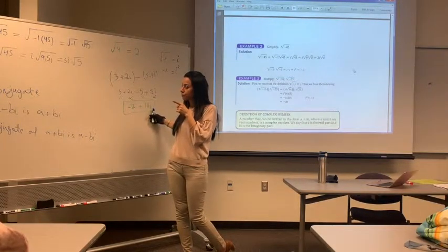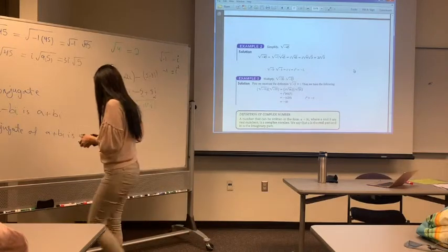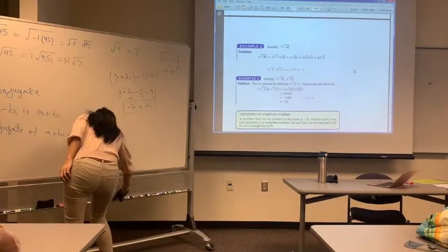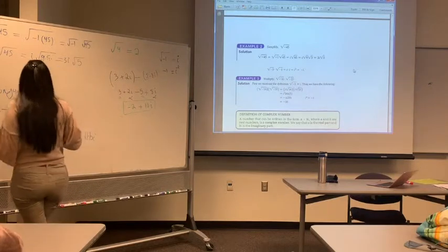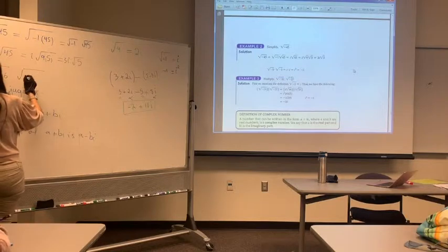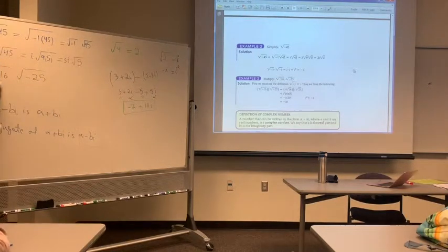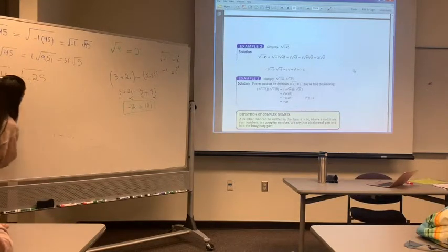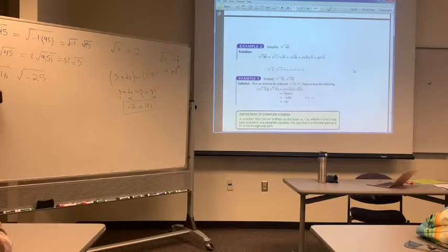So now another question. We have radical negative 16 multiplying radical negative 25. Okay, so what is radical 16? 4, negative 4.